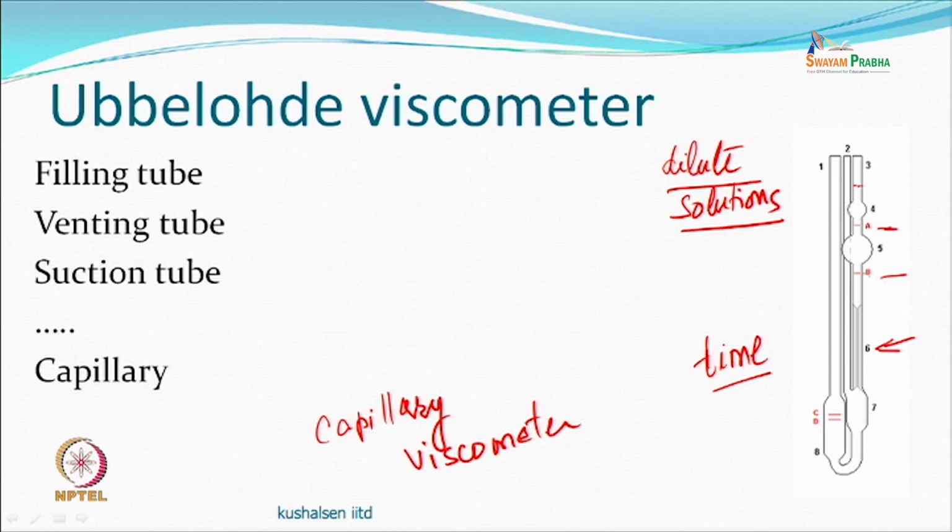They measure the time from this particular point to this marking, how much time it takes. Of course, the whole thing can be submerged in a bath so that you can have temperature control.